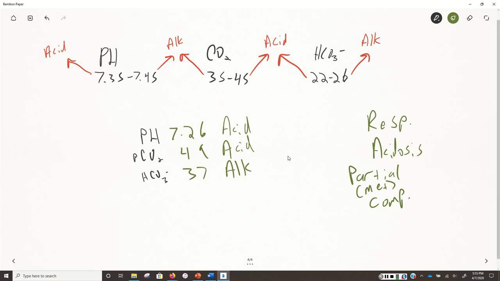That's why it's partial compensation, and we want to specify that it's a metabolic compensation that's occurring. Lungs are the problem, respiratory acidosis. Metabolic processes are in a process of fixing the problem. Partial metabolic compensation. Let's keep rolling.